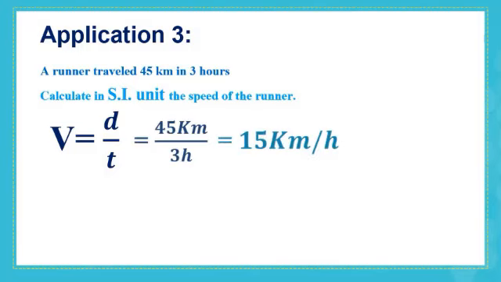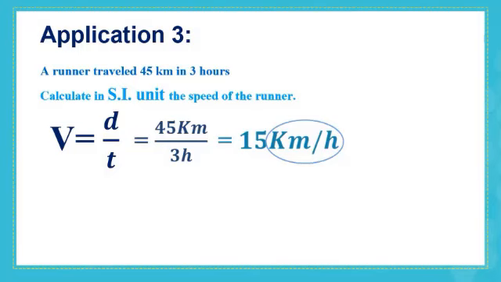The distance in this case is 45 kilometers divided by 3 hours. The speed will be equal to 15 kilometers per hour. 15 kilometers per hour is not in the SI unit.